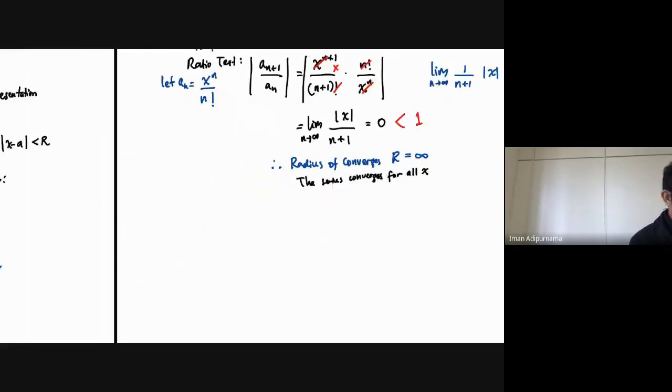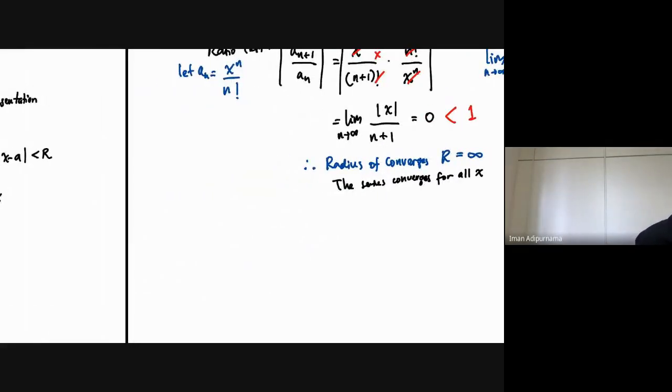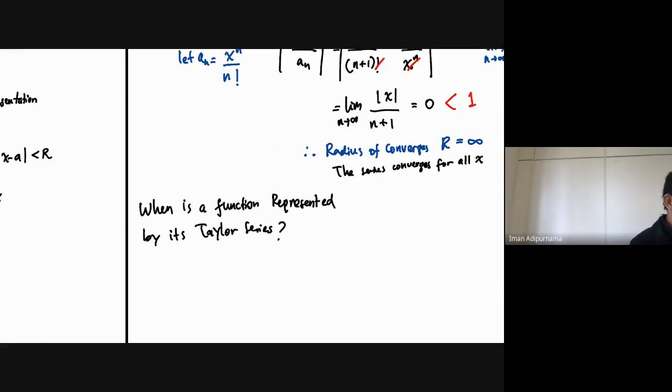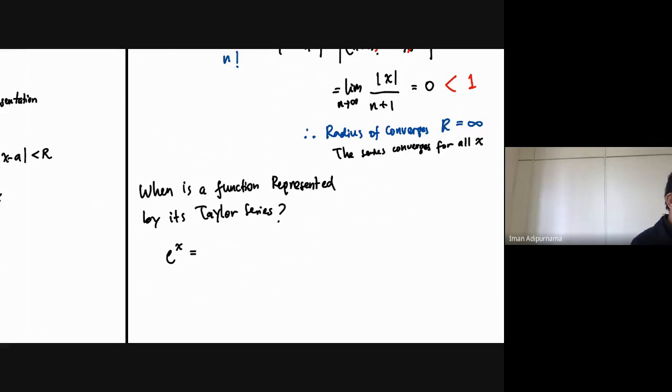Okay, let me give you some really important questions. When is a function represented by its Taylor series? Let's say we are determining e to the x, and we know that the sum can be written like this, as a series.